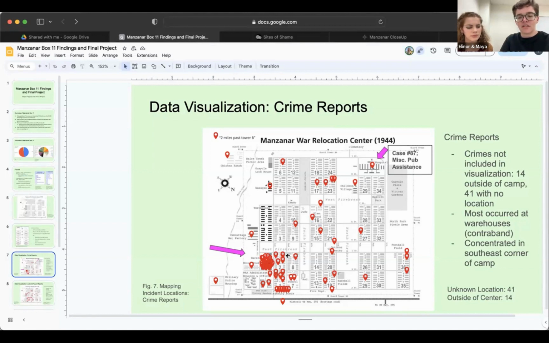The remainder of the cases are pretty spread out. There's a lot down here on the bottom at the police station. I left a little dot over here. The location was marked as 2 miles past Tower 5, so it's just hanging out in space here. And this one at the hospital was one of those miscellaneous public assistance cases, so it wasn't actually a crime.